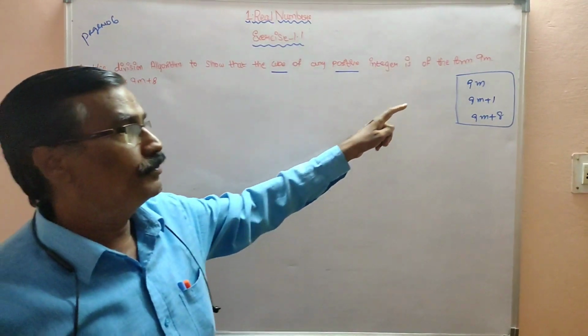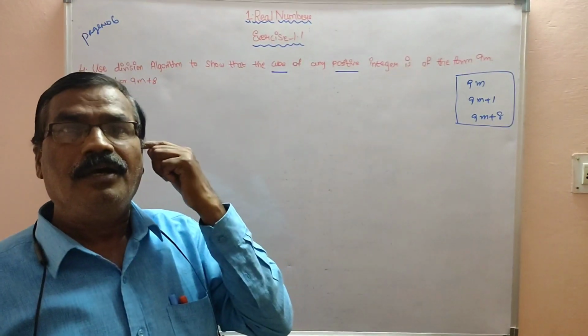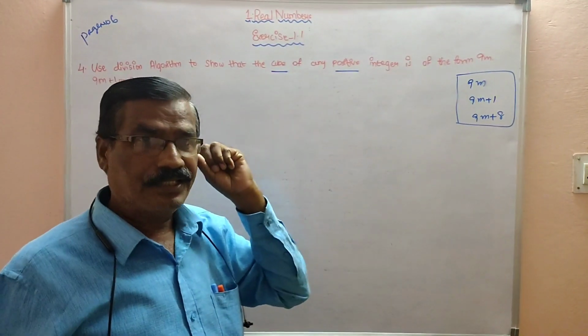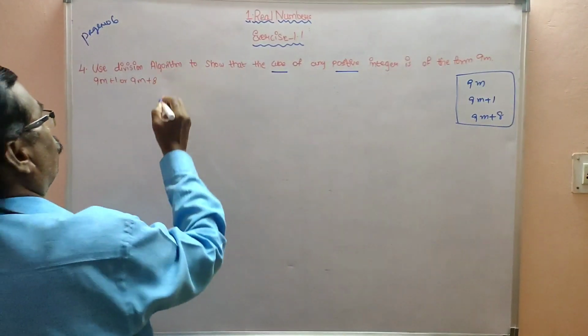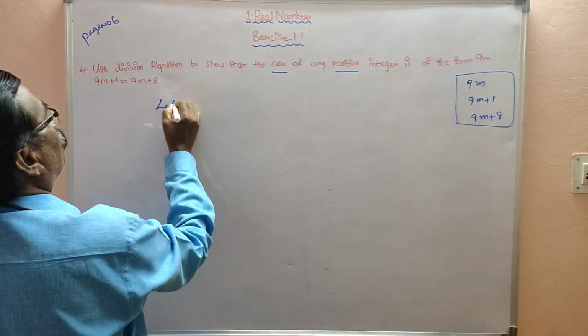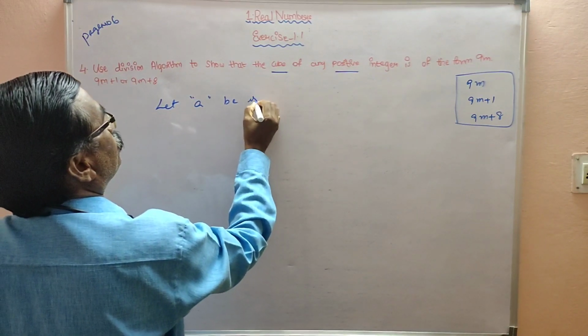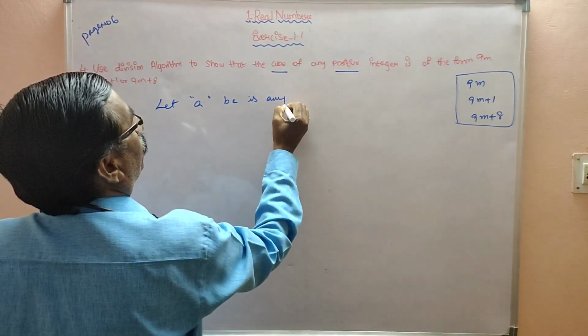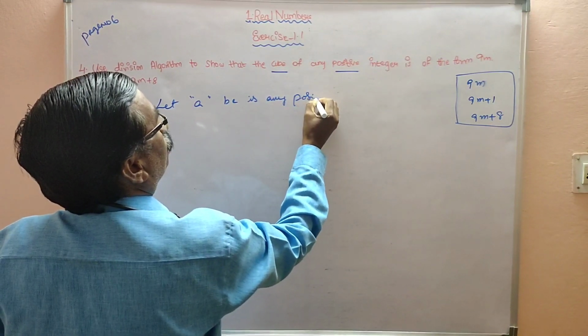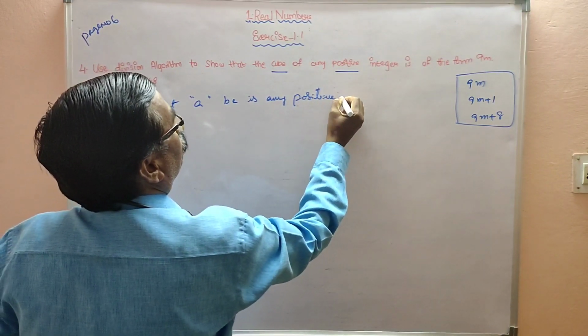So we have to show that any positive integer cube is 9m or 9m plus 1 or 9m plus 8. Now the first step is, let a be any positive integer.